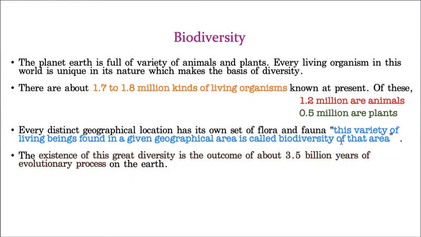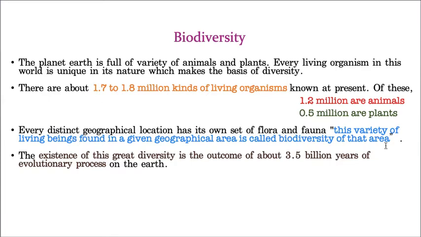For example, kangaroos are restricted to Australia, whereas some organisms are present in the cold regions, and you can never see them in the temperate climatic condition. That means these organisms are restricted to specific geographical locations, and this variety of living organisms found in a given geographical area is called the biodiversity of that particular area.